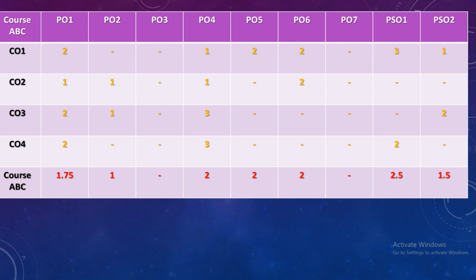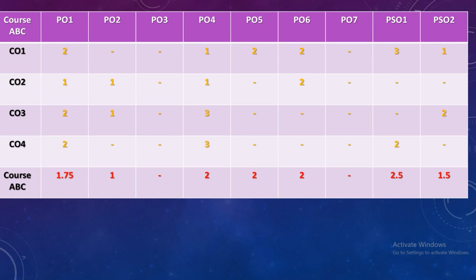The only difference is that here we are able to assign certain values to the courses against each of the PO and PSO statements. So unless we break up the course into course outcomes and assign values separately, we cannot assign the mapping strength, the numerical value of the particular course against each of the program outcome or program specific outcome statements.